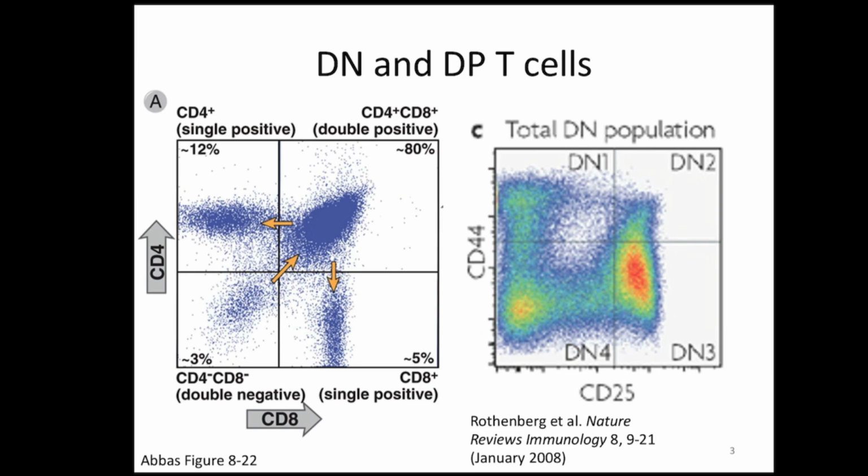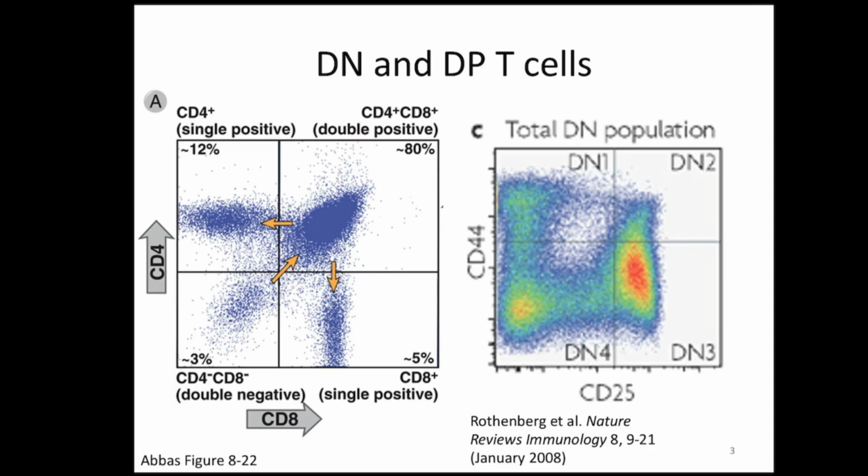Then the cell is going to become a DN3. You can see the DN3s here. And so the DN3s are CD25 plus, CD44 minus. After being a DN3, this cell is going to become a DN4, which is CD25 minus, CD44 minus.